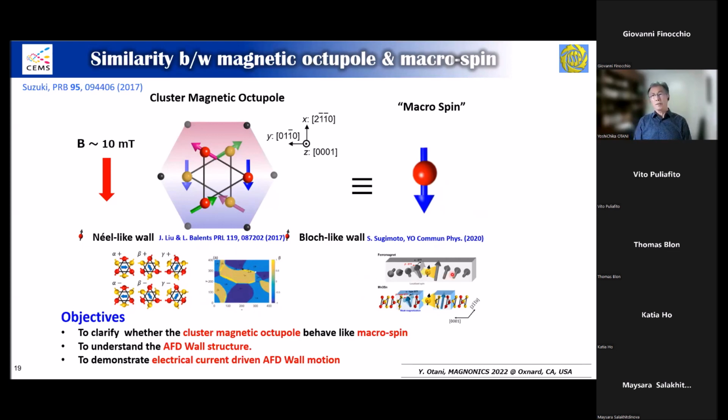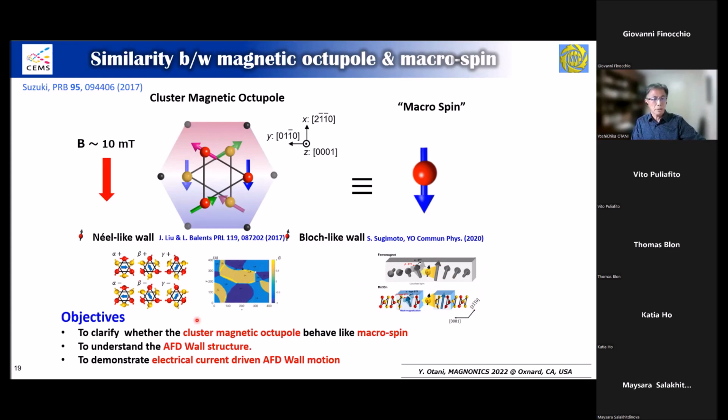At the same time, if you remember, you can take the c-axis of this material along the current direction, so that you have stacking kagome planes like this. In this case, we can stabilize a Bloch wall-like structure in this material. We say Bloch-like wall because this spin consists of a magnetic octupole.